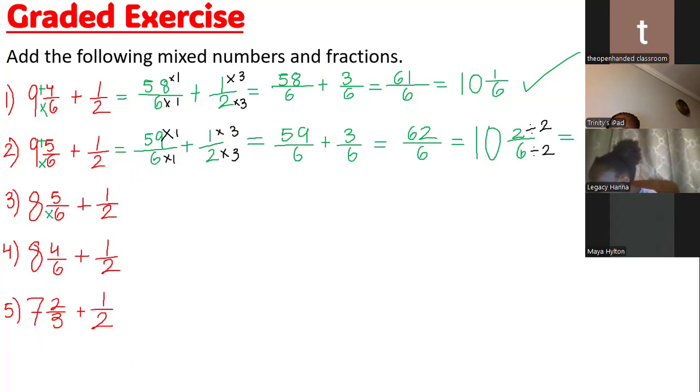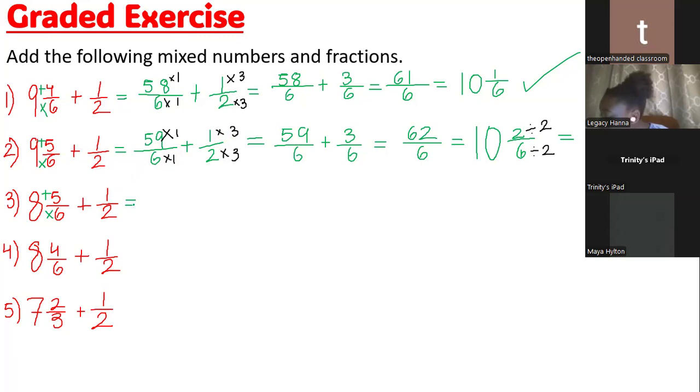We say 6 times 8, which is, what is 6 times 8? Legacy, it shouldn't take you long to answer that question.